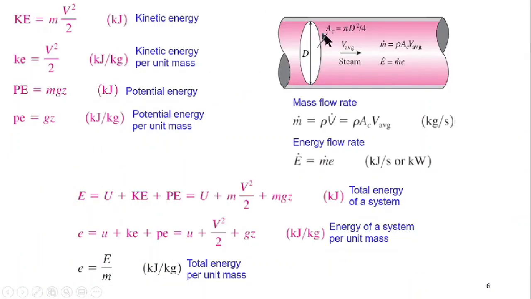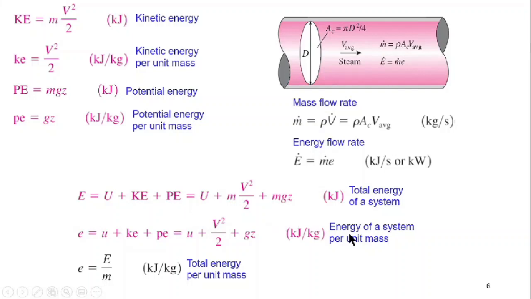Here I summarize some of the equations that you will learn in thermodynamics. We have kinetic energy per unit mass. Please take note of capital and small letter for per unit mass. And then we have potential energy per unit mass, mass flow rate equation, energy flow rate equation, and total energy of a system, U plus kinetic energy plus potential energy.